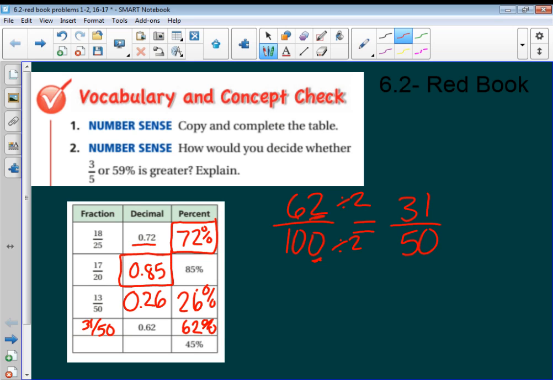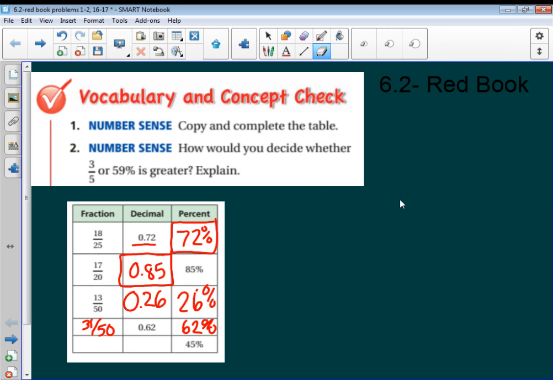All right. So next, my last step, I have 45%. I want to turn that into a decimal and then into a fraction. So 45%, I can divide that by 100, so my percent changes into over 100.